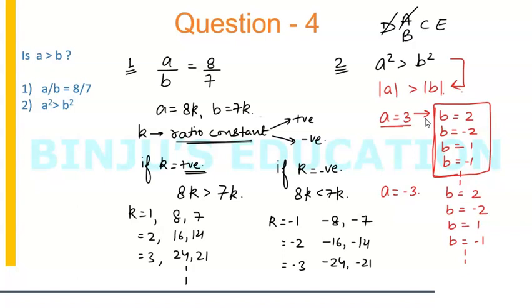So think of any value greater than minus 3 and less than 3. All these values of b will effectively be smaller than the value of a. It has to be, because a is 3. So in case 1, when a is positive, you take any value of b satisfying the inequality, a will always be bigger.